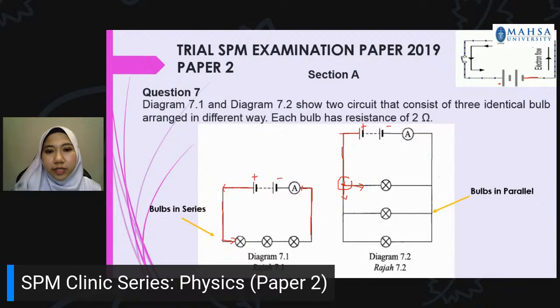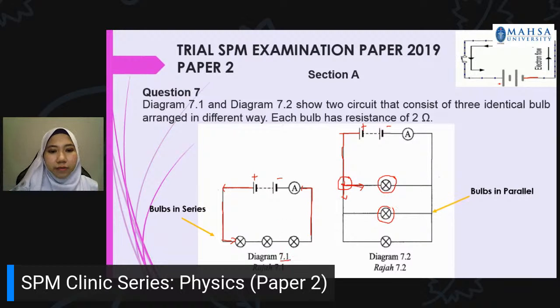The current splits. One current goes to the right and another goes down. So at the junction the current will split. So the value of the current across this bulb is not the same as the value of the current across the other bulb, meaning you have a different value of current across each bulb.